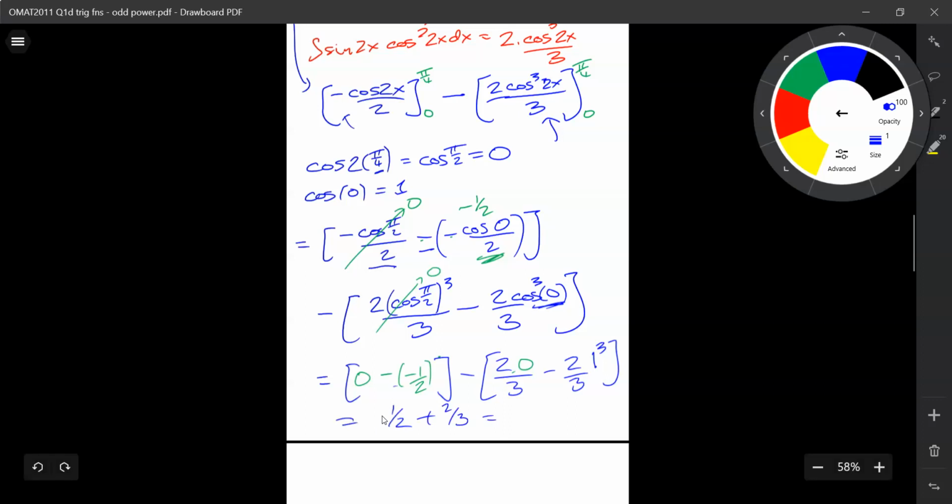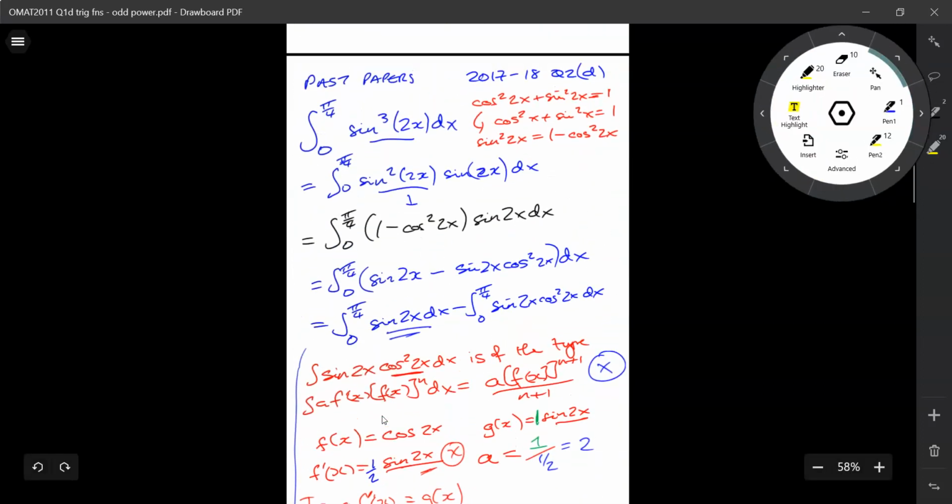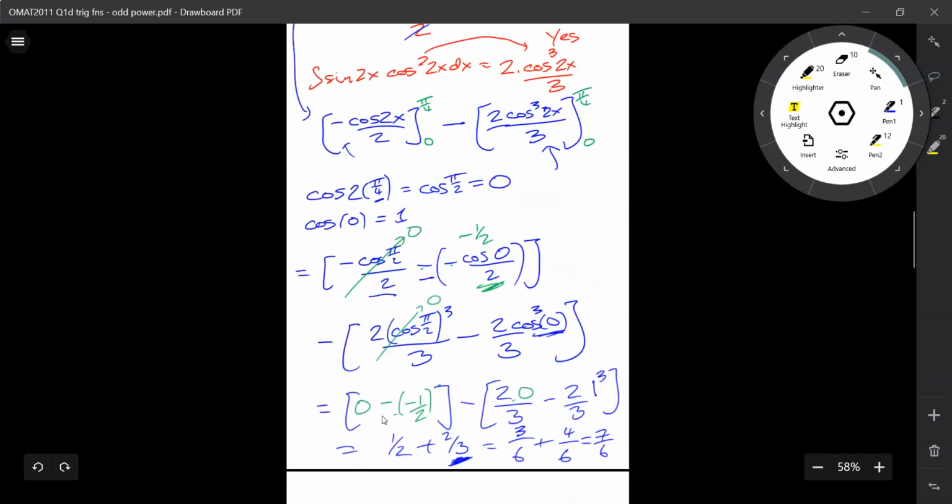Then if I put those over a common multiple, the lowest common multiple of 2 and 3 is 6. 2 goes into 6 3 times, so a half is 3 over 6. For the other one, converting to 6, 3 goes into 6 twice, 2 times 2 is 4. That gives me a final answer of 7 over 6. So there's quite a lot in that question, and it becomes quite complicated when you have your coefficients of x.